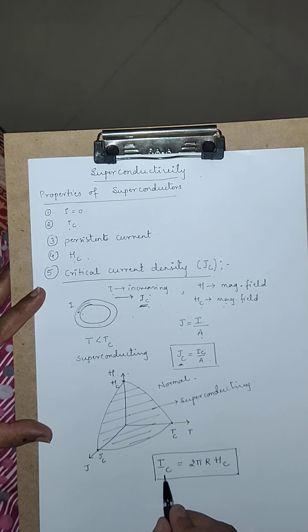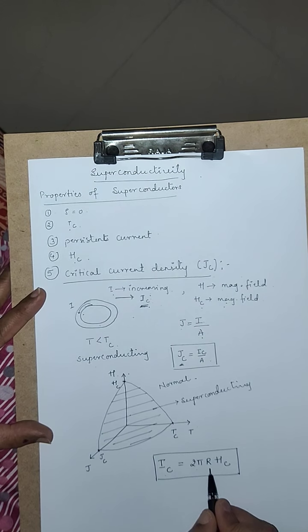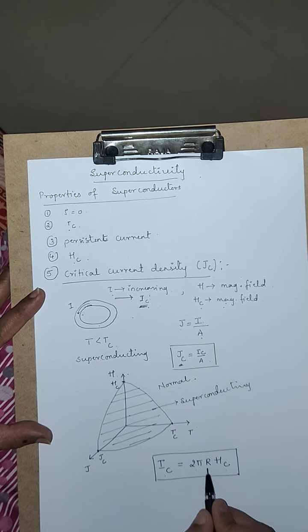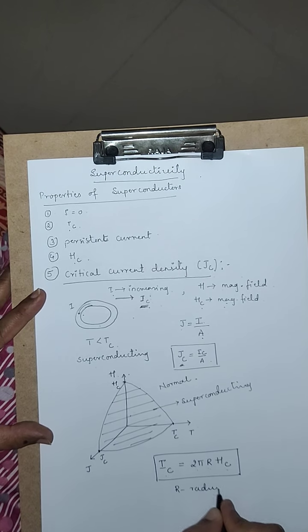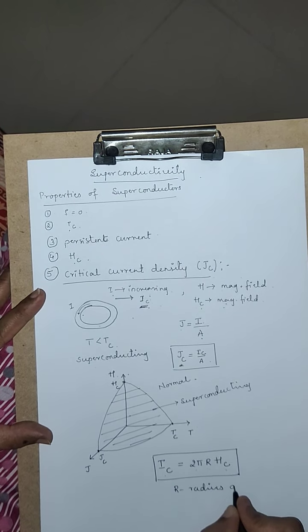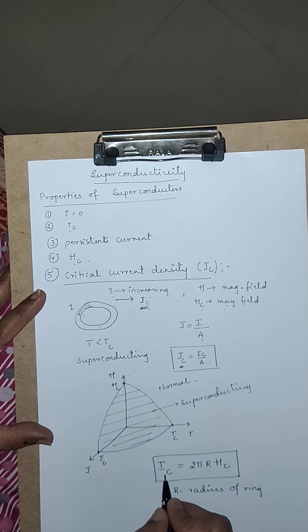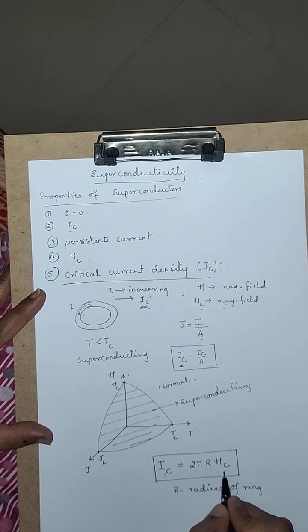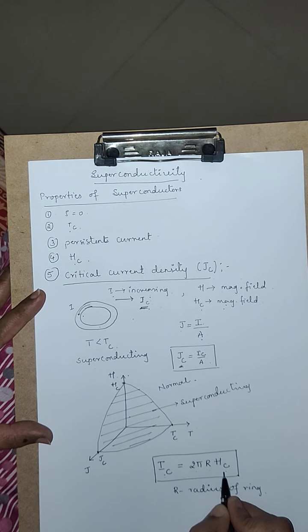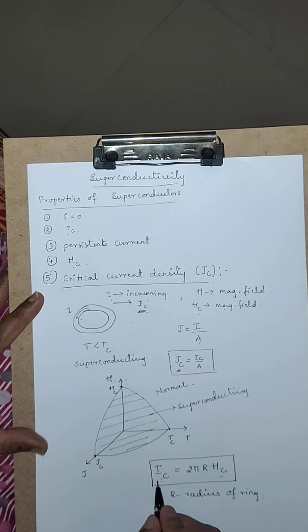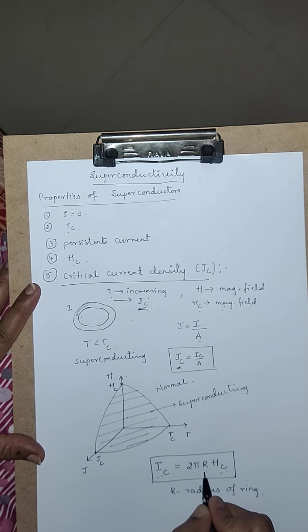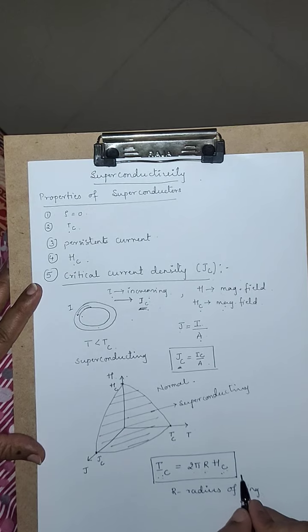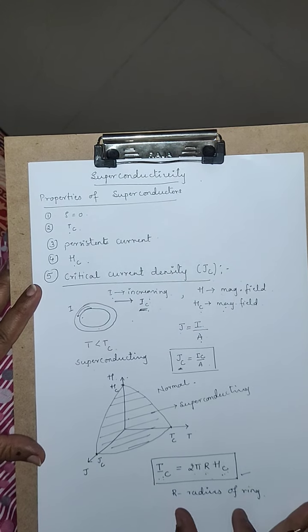Critical current is equal to 2 pi into R into HC, where R is the radius of the ring, IC is the critical current, and HC is the critical magnetic field. So this IC is directly proportional to HC and the radius of the ring. Let's see one or two numericals on this formula.